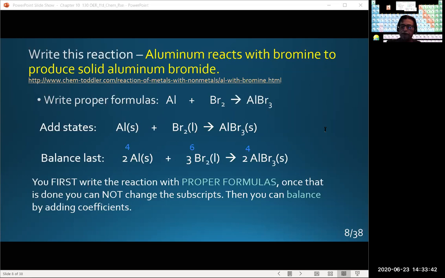It's still balanced, but always reduce it to the lowest terms, like the term used in mathematics, so that 4 for aluminum can be brought down to 2. Everything is divisible by 2 here. So bring it down to the lowest coefficients that you can get.